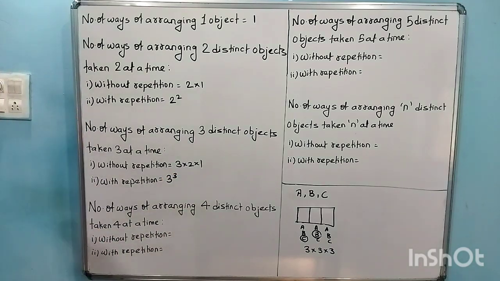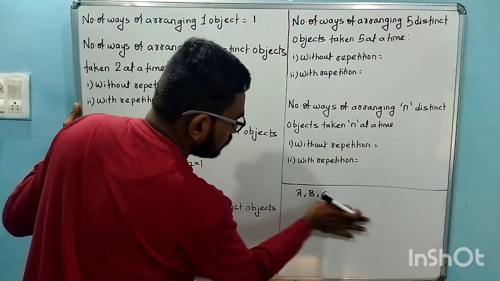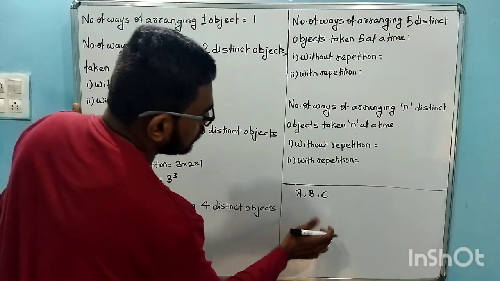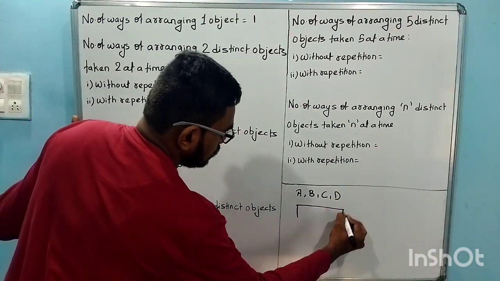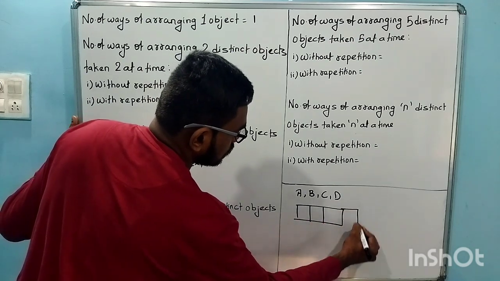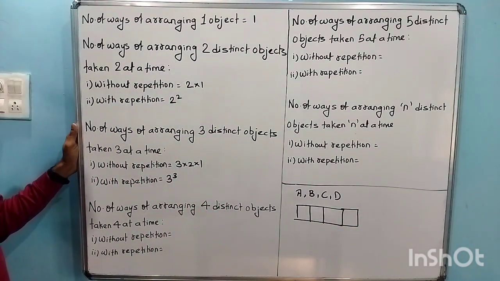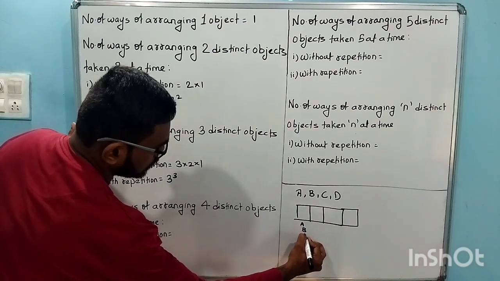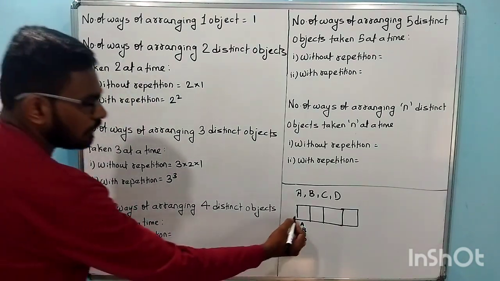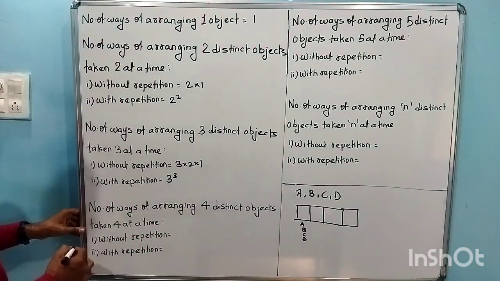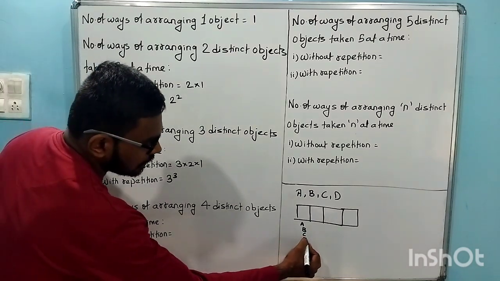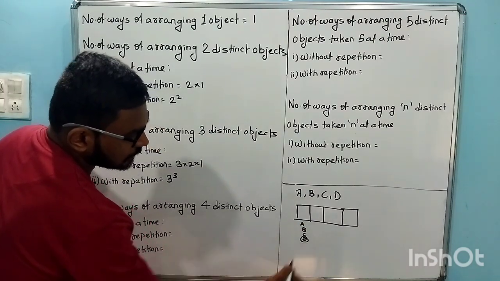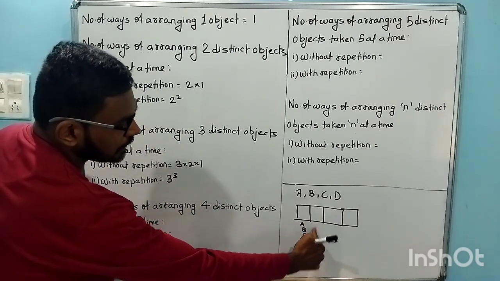Next, number of ways of arranging 4 objects, taken 4 at a time. For example, we have 4 letters A, B, C and D. What are the number of ways of arranging? So we have 4 objects and 4 places now. For the first place, I can select any one of A, B, C, D. Without repetition, meaning repetition is not allowed, if I selected D here, then for the second place we can't select that.